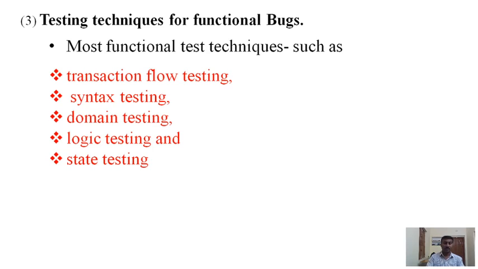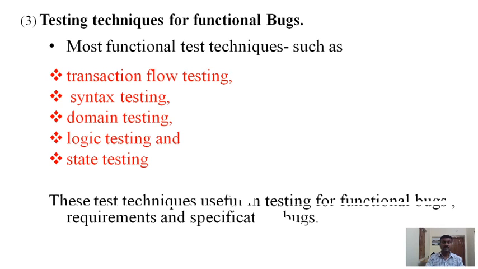State testing checks whether we are executing the proper states or not. With the help of all these testing techniques, we can find out whether there are any functional bugs. These techniques are useful for testing functional bugs, and also for testing requirements and specification bugs. So this is the point on functional bugs.